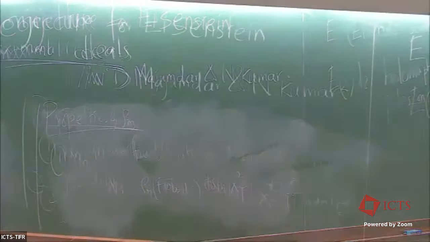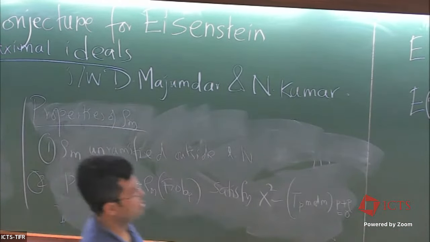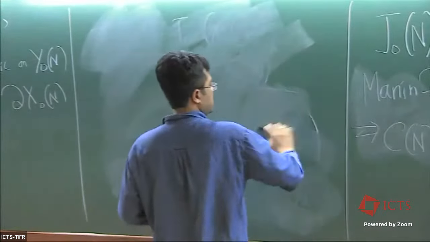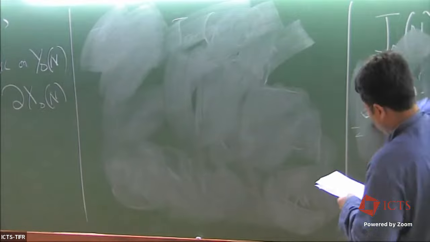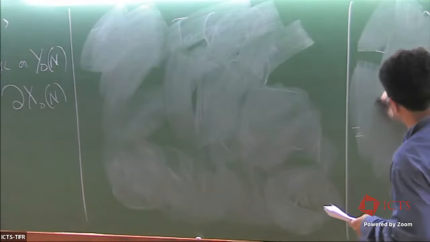Okay, so I'll just briefly recall how Mazur's proof of this Ogg's conjecture goes. So as I said that if you take n to be prime, so the Eisenstein series is better. It has only one Eisenstein series, and you can look at this Hecke eigenform, Hecke eigenvalues for this Eisenstein series.